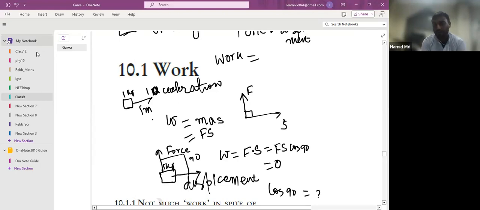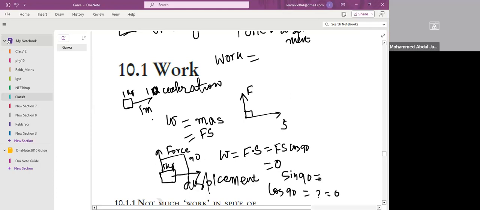Cos 90 is 0. What is sine 90? Sir, we didn't learn about this.